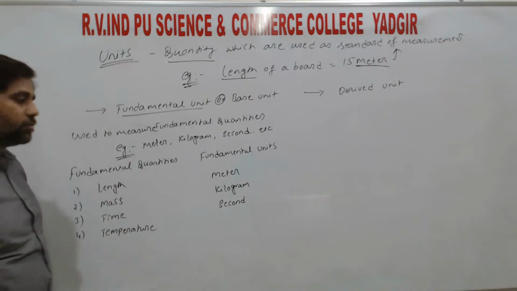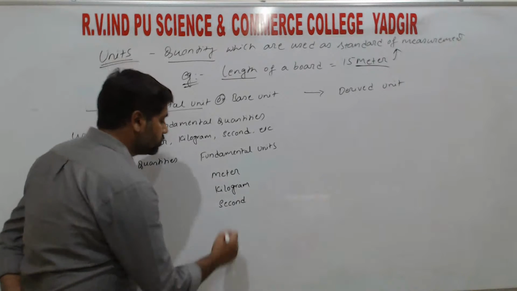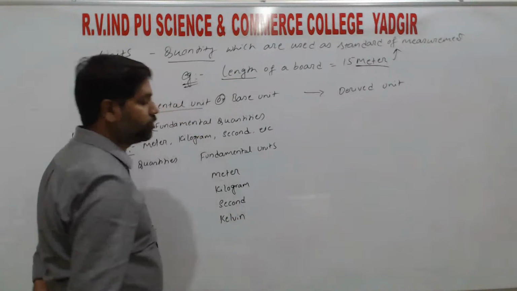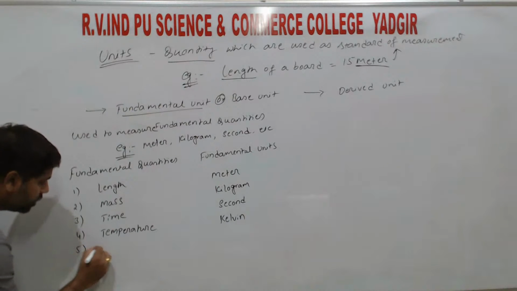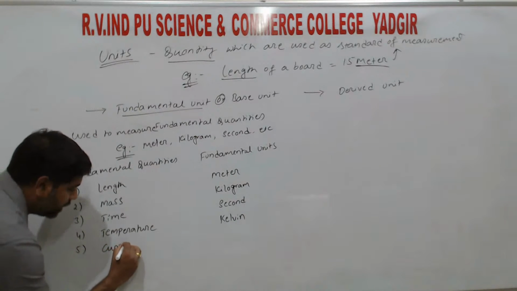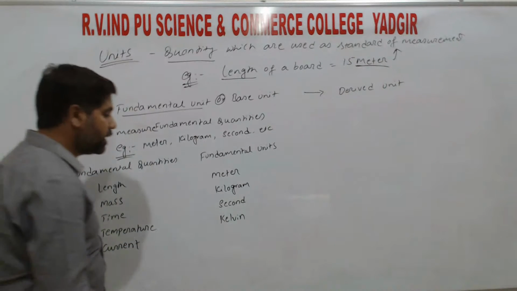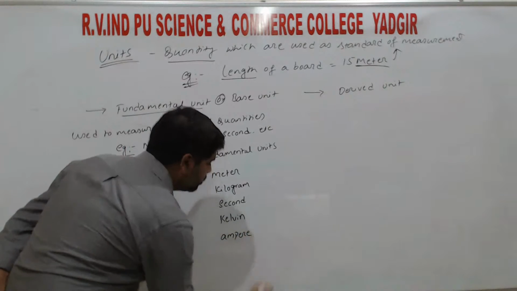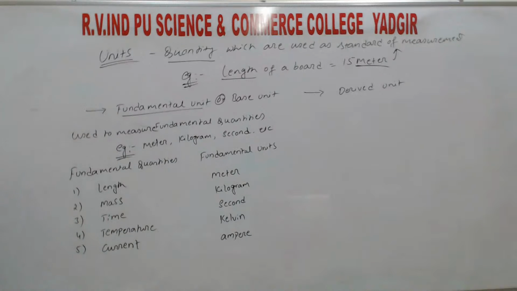Temperature is measured by the unit Kelvin, right? Next, the fifth, electric current, or simply current. Current is measured by ampere. Always the A starts with a small letter, right?